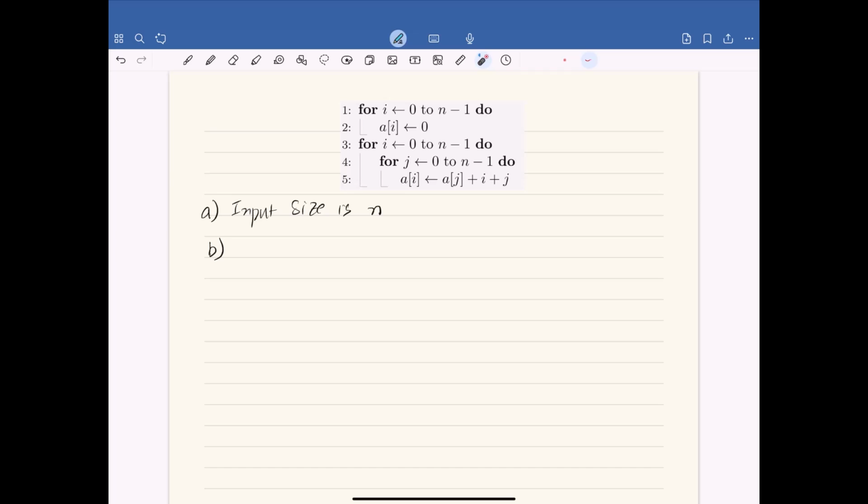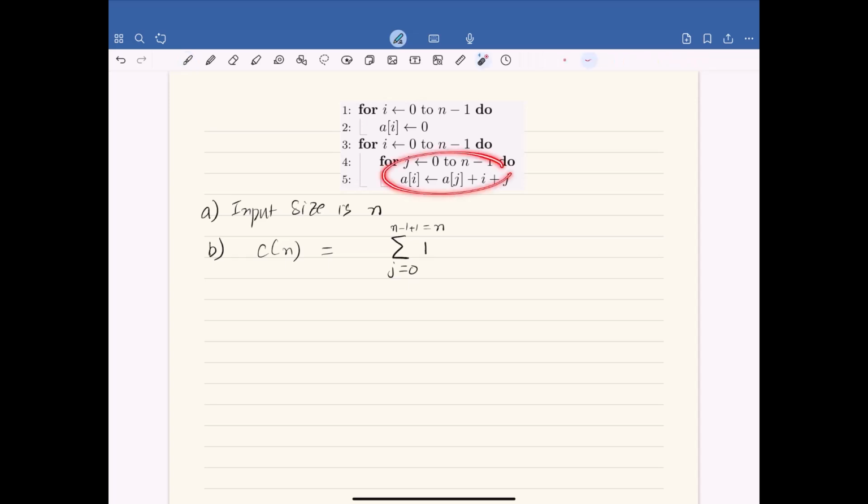The number of comparisons, C(n), is equal to the summation over the inner loop, and the variable used for the inner loop is j. We can use the same variable for the summation, and j goes from 0 up to n minus 1, plus 1. In every iteration, we are making one comparison. So n minus 1 plus 1 is basically n.